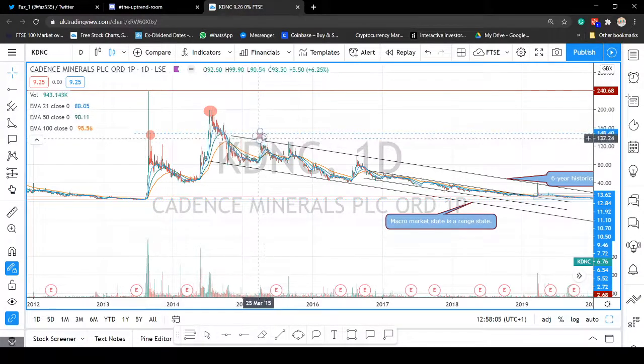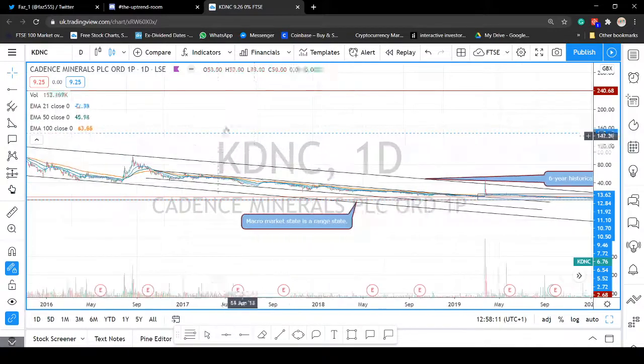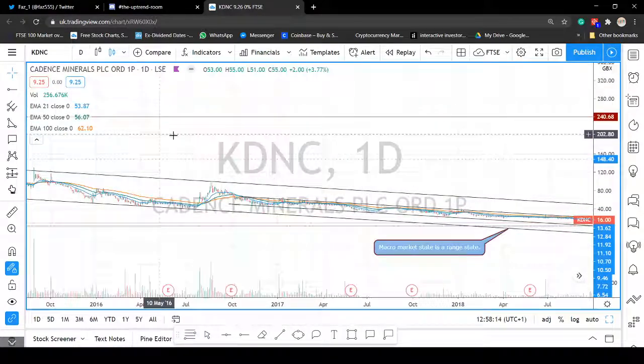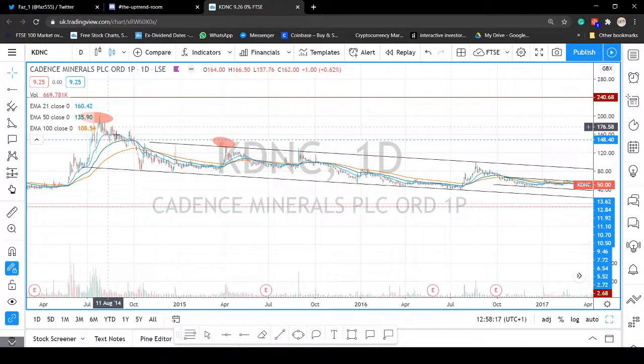Price cannot get past, does not want to get past. Very bearish tail bars. We zoom into the action, we have a look. And then this stock started trending down. The stock's been trending down basically since like July 2014, in a downtrend.